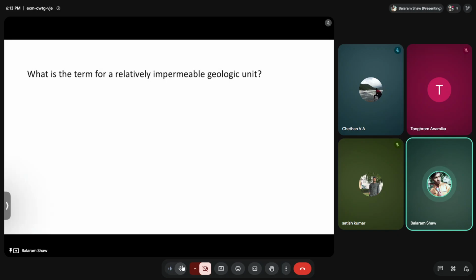The next question is, what is the term for a relatively impermeable geological unit? Your options are A, an artesian, B, an aquiclude, C, an aquifer, or D, none of the above. If you want, you can put your options in the chat box also.